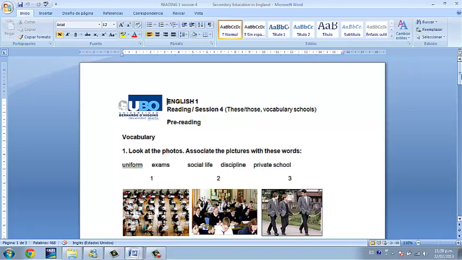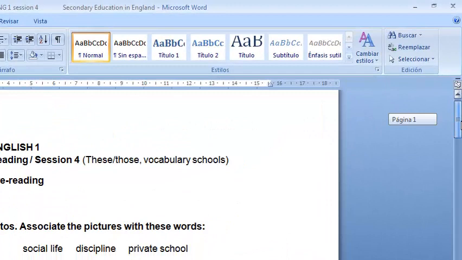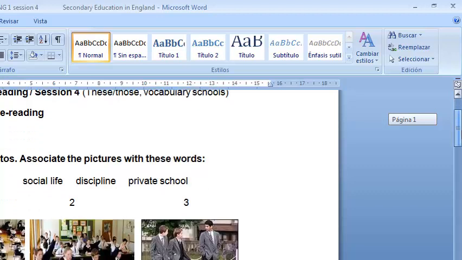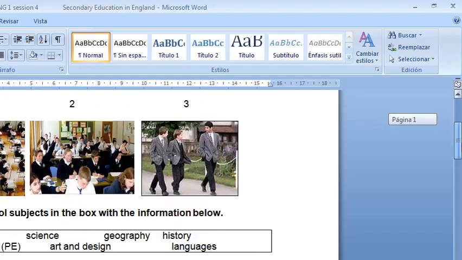The simpler the better. Okay, I collected comments, suggestions, and ideas that they wanted to be included in their handouts. Here they have a pre-reading activity. Then they need to match the school subjects in the box with the information below.